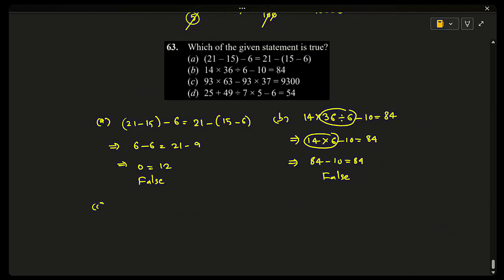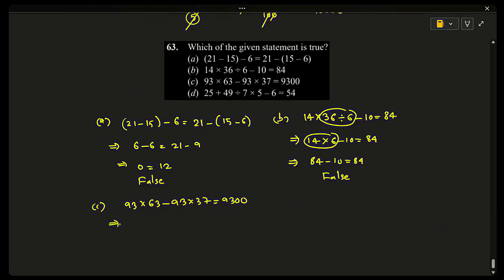And option C. 93 into 63 minus 93 into 37 is equal to 9300. In place of this minus, if we have plus, this will give the correct answer. Why? Because according to the distributive property, if you take 93 common, 63 plus 37 will give 100, 93 into 100. But we have minus here, so definitely wrong.